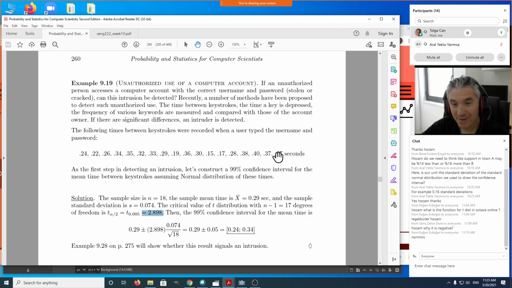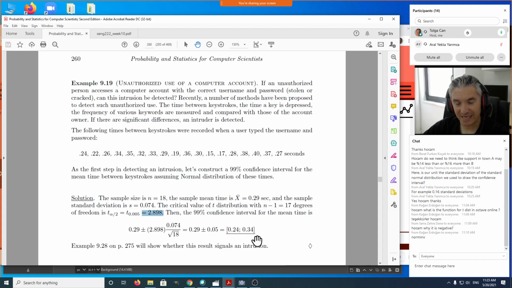Normally we expect the user himself or herself to enter the password. But observing an intruder is an unlikely case, so that will be our alternative hypothesis.